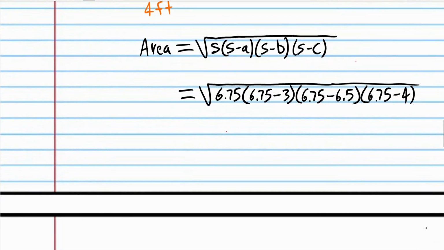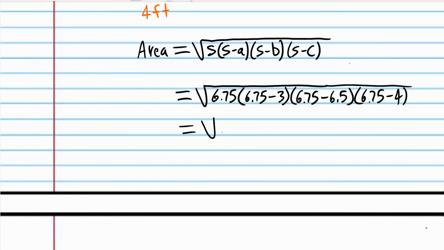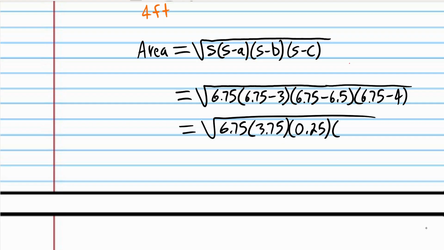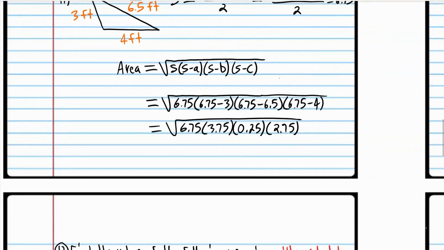So let's simplify a little bit more. We have 3.75 and 0.25 and 2.75. That'll make it easier to enter into the calculator. So 6.75 times 3.75, enter, times 0.25, enter, times 2.75, enter.